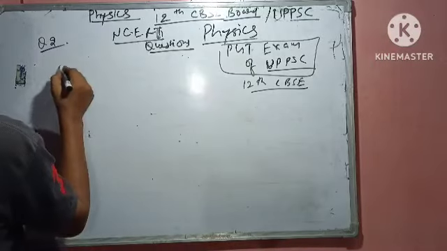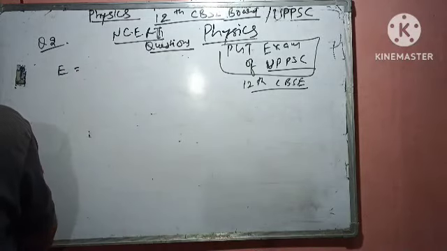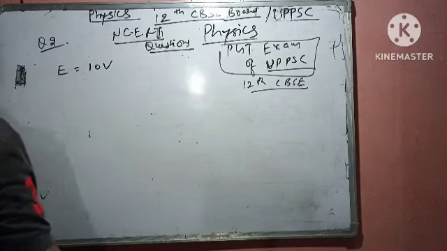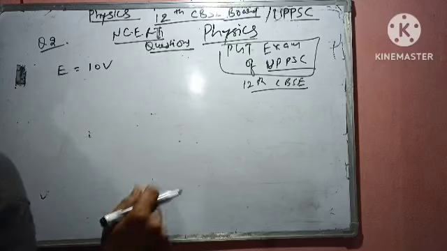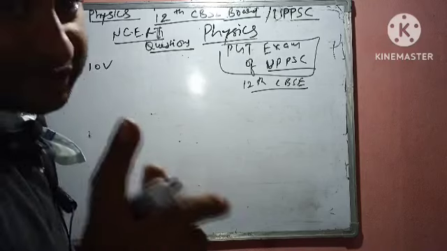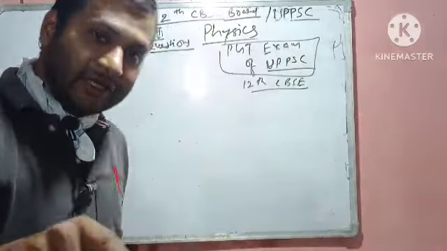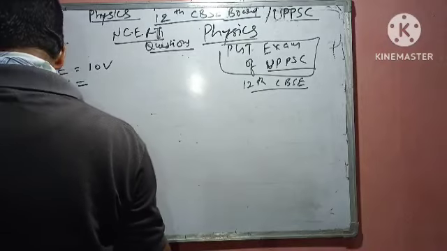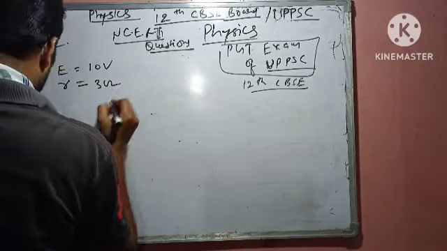In question two, given that E is equal to EMF, 10 volt, and the internal resistance 3 ohm. Internal resistance is represented by the small letter r, r is equal to 3 ohm.